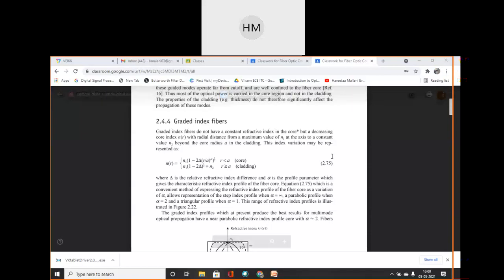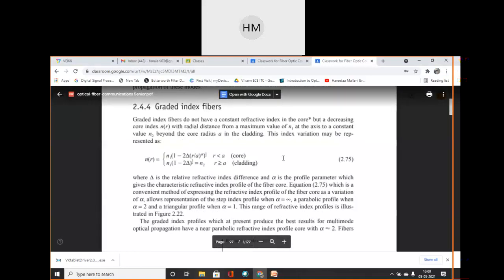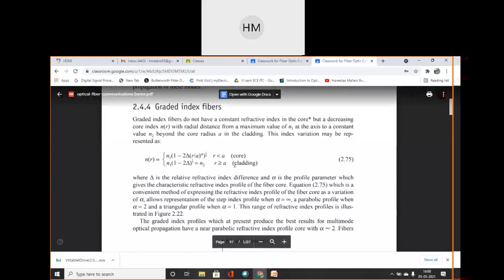Okay, write down: this index variation is represented by a power law relationship, given by this equation 2.75.